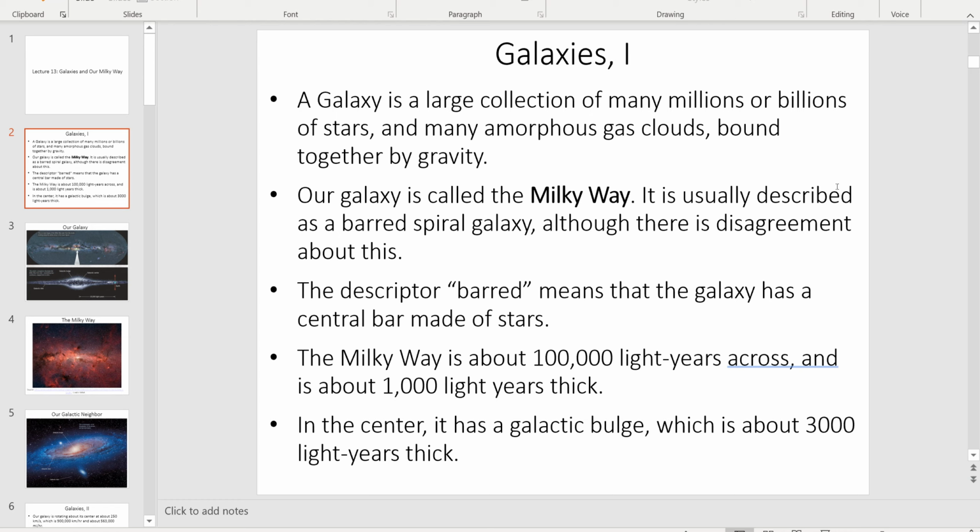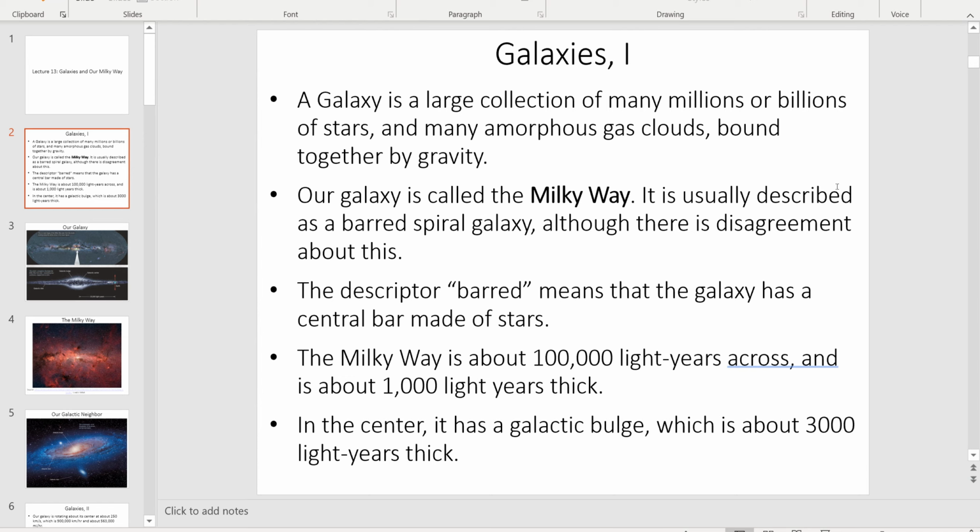It has arms that move outward from the center, and the Milky Way galaxy rotates around the center. And the barred part refers to galaxies that have a central region that looks like a bar. There's disagreement about whether the Milky Way galaxy is barred or not. But I just wanted to get this out of the way, since if you look up the Milky Way galaxy, you'll notice there's somewhat of a discrepancy about this. So some galaxies are barred, but that's mostly tangential to the topic here. I'll just leave the barred part aside.